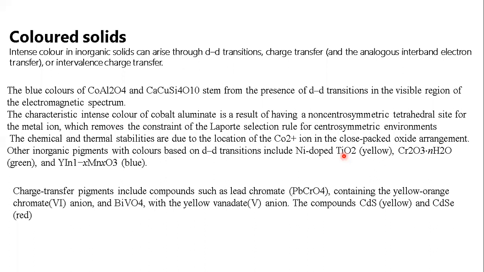If there is no d electron, there is no transition and no color. But when you dope it with nickel, which has a partially filled d orbital, it will show color. So nickel-doped titania will show yellow color, and chromium oxide is green in color, and so on. So this is d-d transition.